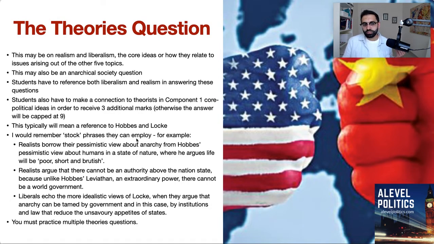All of these are just quick ways by which you could use Locke or Hobbes. I personally would say that you could probably use these three phrases in most essays, in most 12 markers. So my advice is just use them in a 12 marker, right?